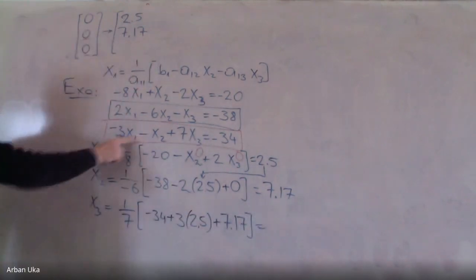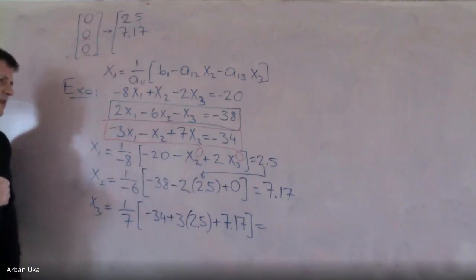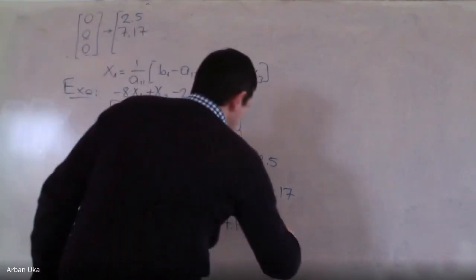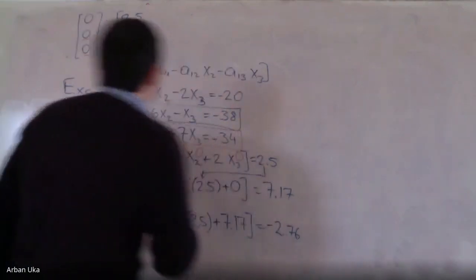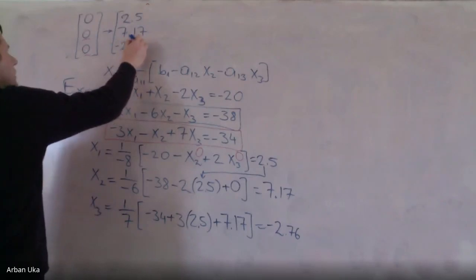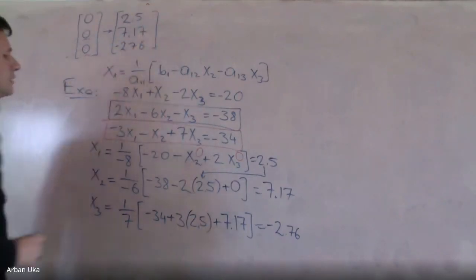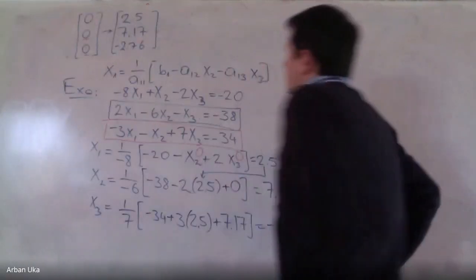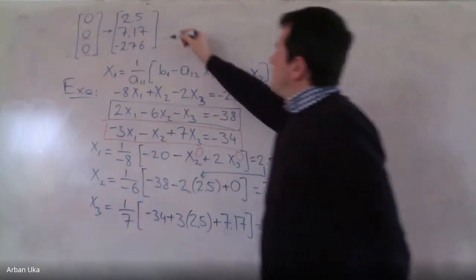So this is minus x2 on this side, then we get the plus x2 on the other side, and finally, this is what we get after the first run of using the Gauss-Seidel method. So this is the first iteration.